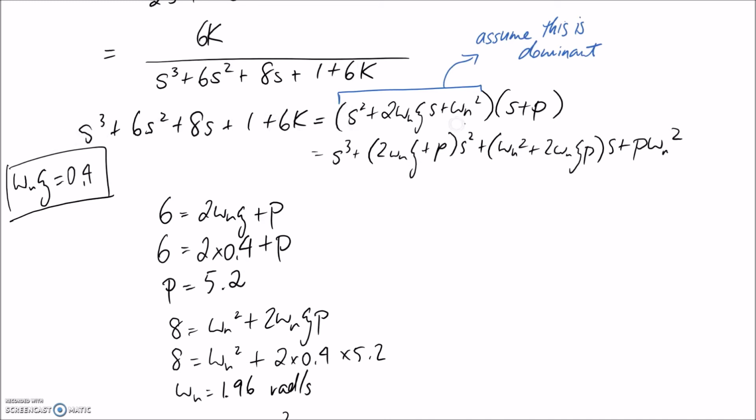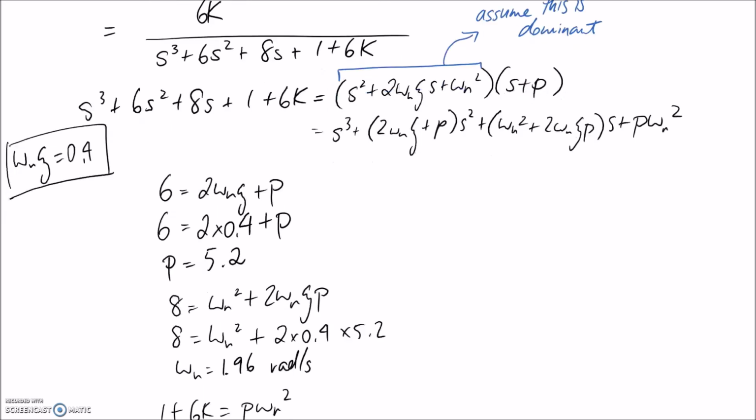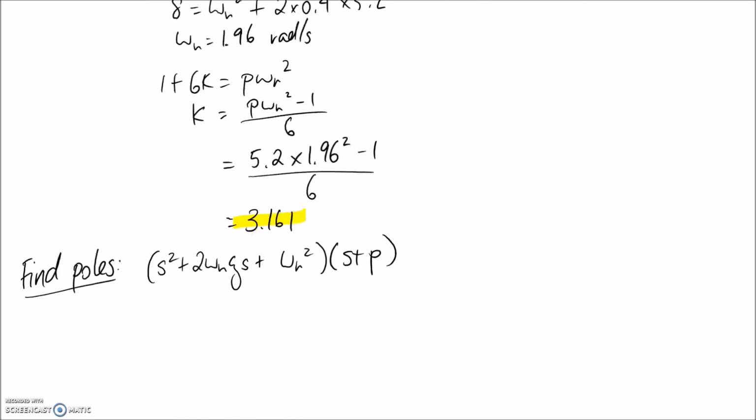So I'm actually going to go back and take this version of our equation, and I'm going to substitute some values in. So we worked out omega n times zeta had to be 0.4, and we worked out omega n needed to be 1.96 just here. We also found p, it was 5.2.